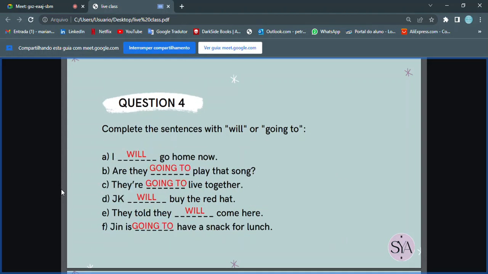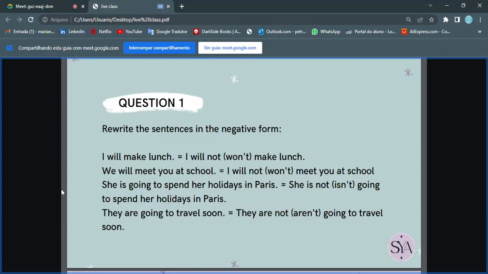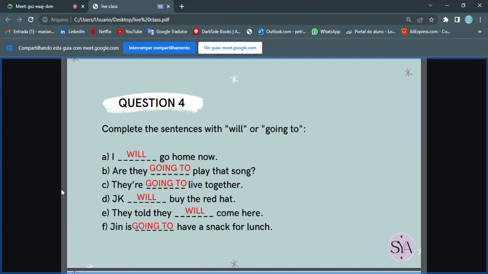Okay, let's just analyze first this sentence. So remember when I said to you guys about the will and the going to. In this case, you just need to complete the sentence using will and going to. So you don't need to add any to be verb. What you guys could do to correct all the sentences is to analyze especially the to be verb.